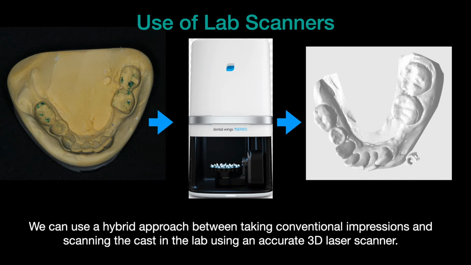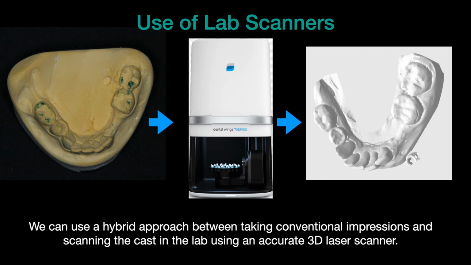I'll talk about another technique, what we call a hybrid approach, using lab scanning plus conventional impressions. This is what we normally do in our hospital actually. We take a conventional impression, for example using alginate or silicone, we pour it, and we have a study model on the left hand side.